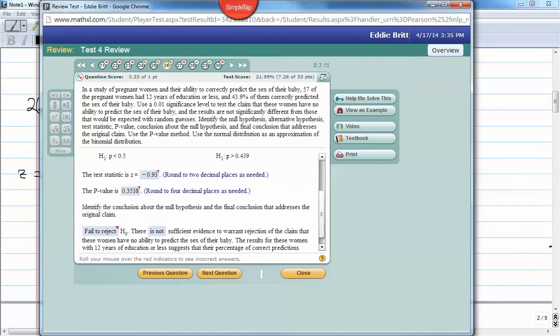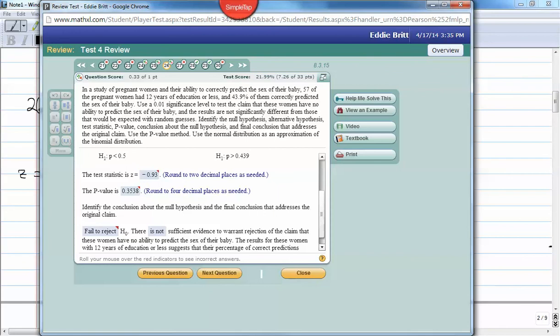So our p-value, is that going to be larger or smaller than the significance level? Wow, it's way larger. Our significance level was 0.01. Our p-value is 0.35. So it is many times larger than that.